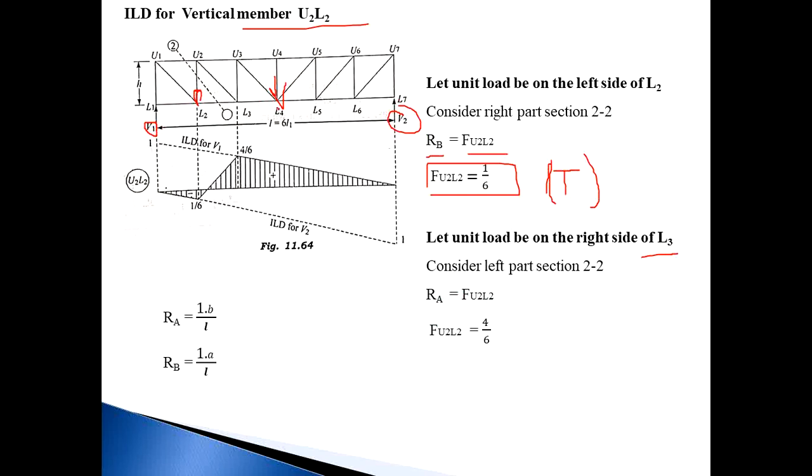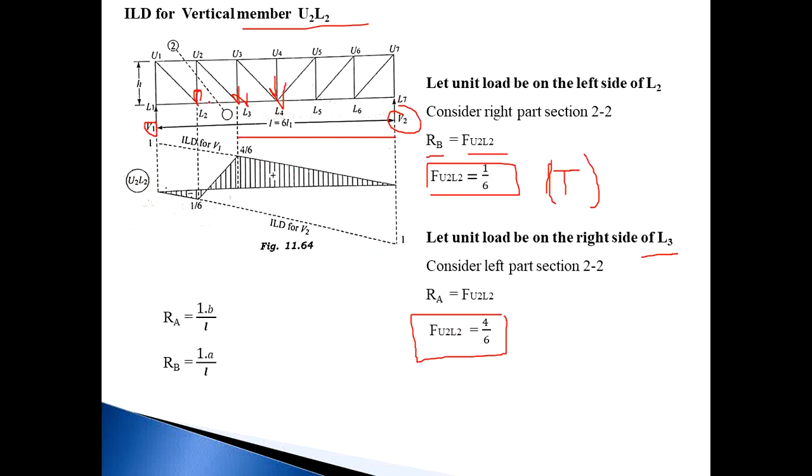Now when the load is acting at L3, RA value is b by L, and b is this distance. What is b? 1, 2, 3, 4 L1 upon 6 L1. So L1 gets cancelled. So 4 by 6. So when the load is at L3, your ILD for U2 L2 is 4 by 6.